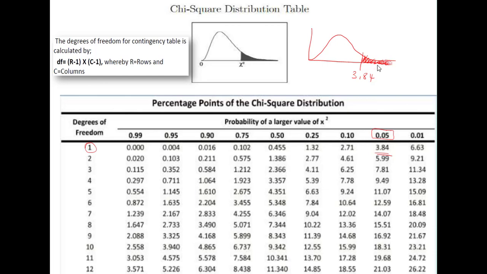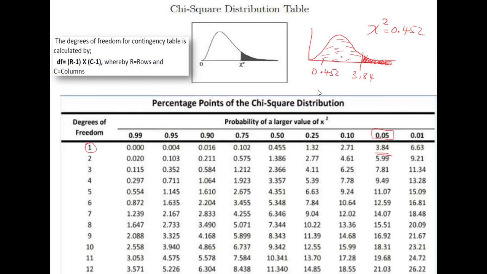And we calculated our chi-square to be 0.452, right? So 0.452 is on this side, on the non-rejection side. So 0.452 would be somewhere there.